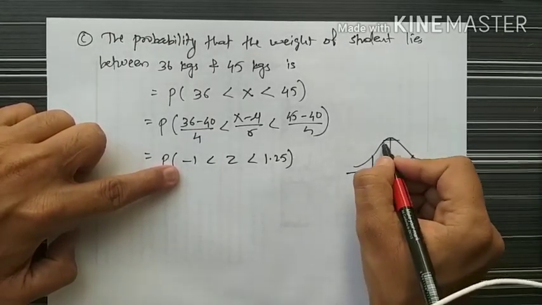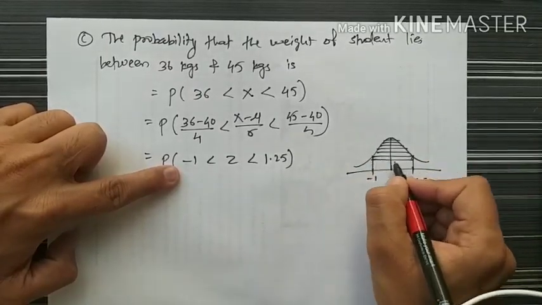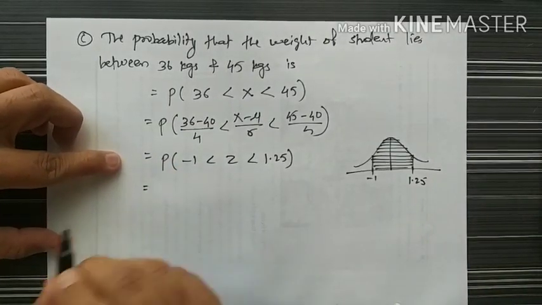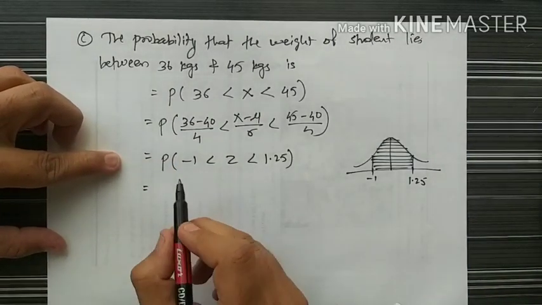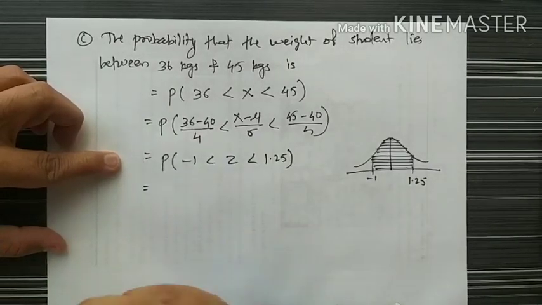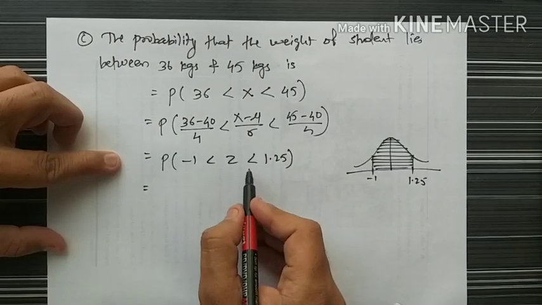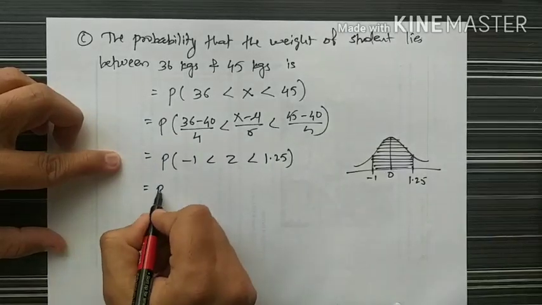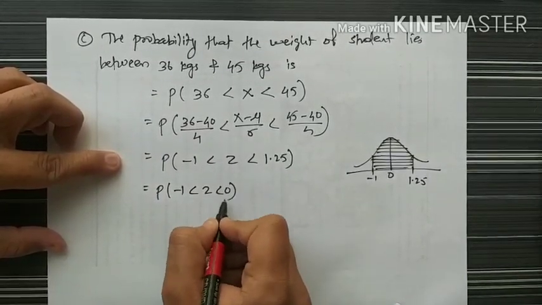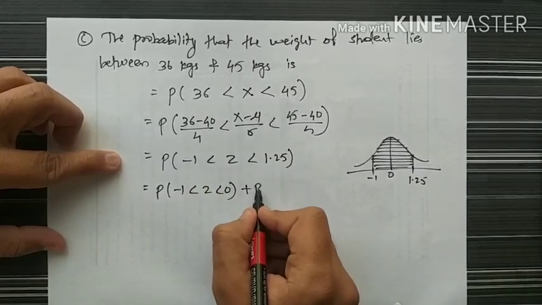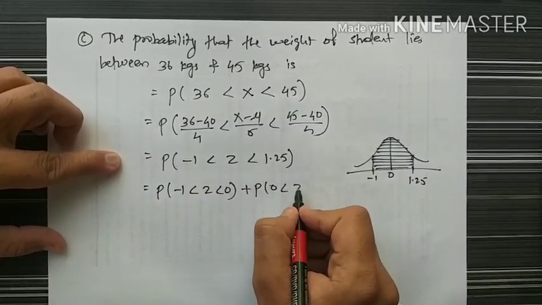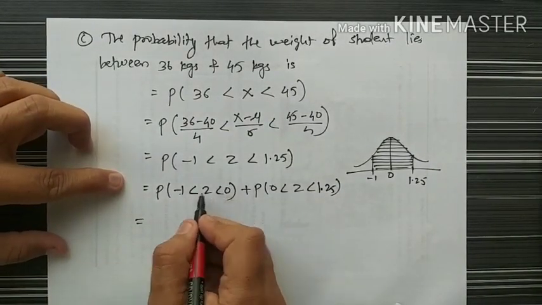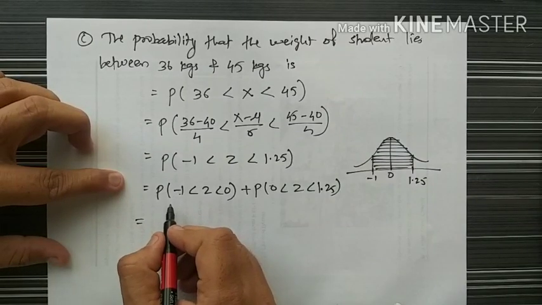We have to find this area, this probability, from minus 1 to 1.25. But in the example, we are given the areas between 0 to 1 and 0 to 1.25. So we split this area at 0: the probability that minus 1 is less than Z less than 0, plus the probability that 0 is less than Z less than 1.25. Due to symmetry, the probability from minus 1 to 0 is the same as from 0 to 1.